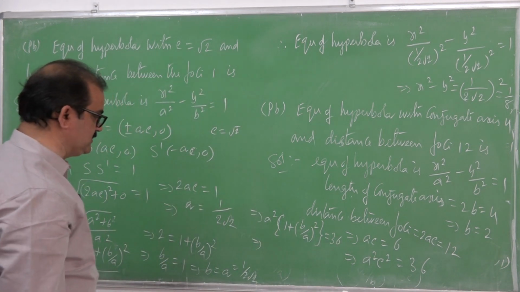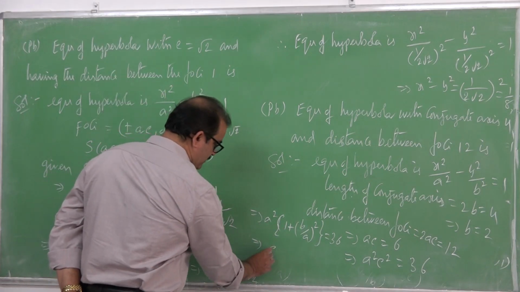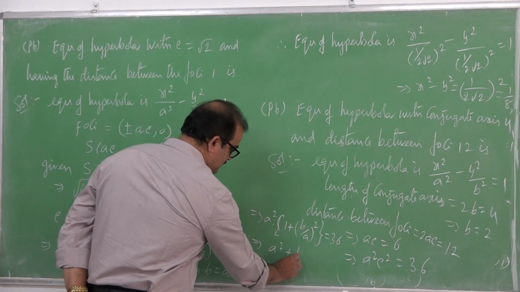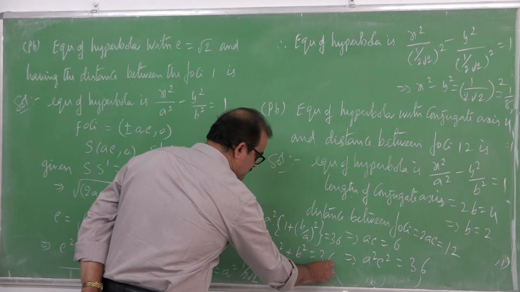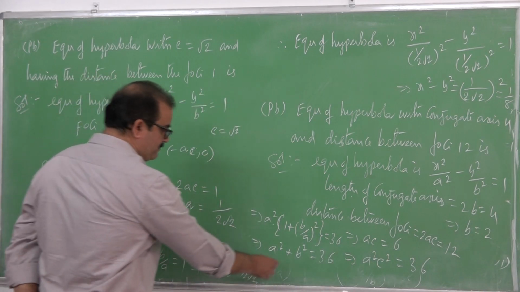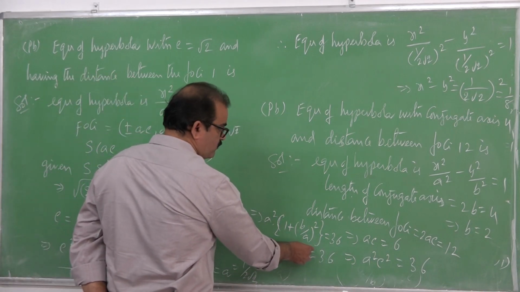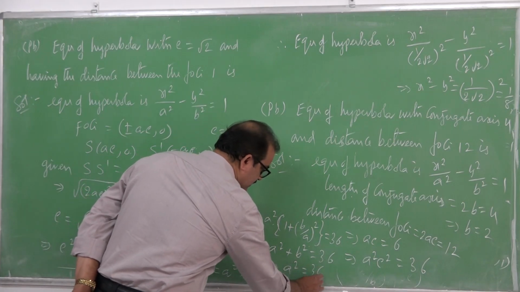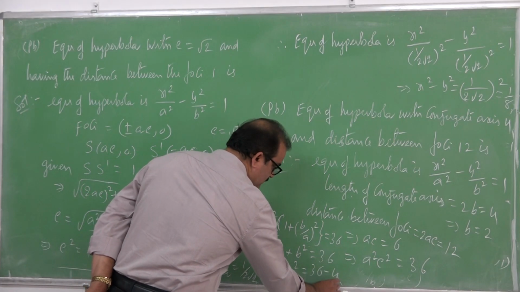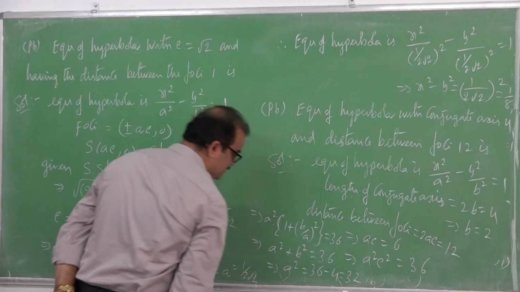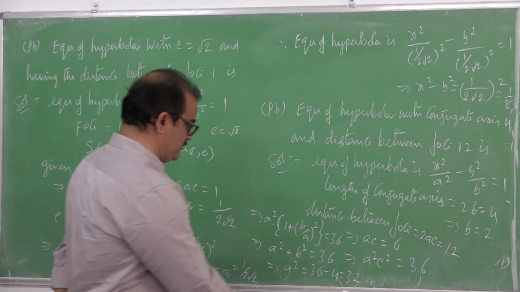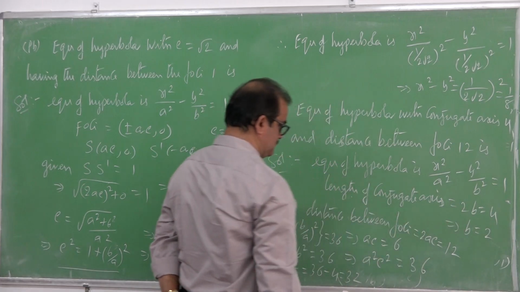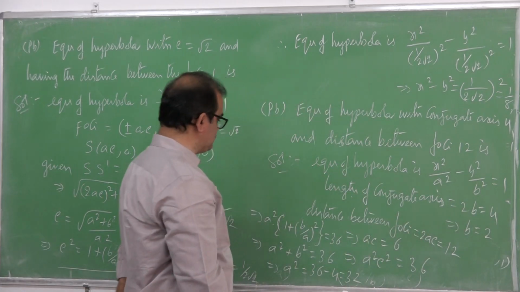Take this a square into bracket: a square into 1 is a square, here a square cancels, plus b square is equal to 36. But b is 2, b square is 4. From this a square is equal to 36 minus b square, that is 32. A square is 32, b square is 4.